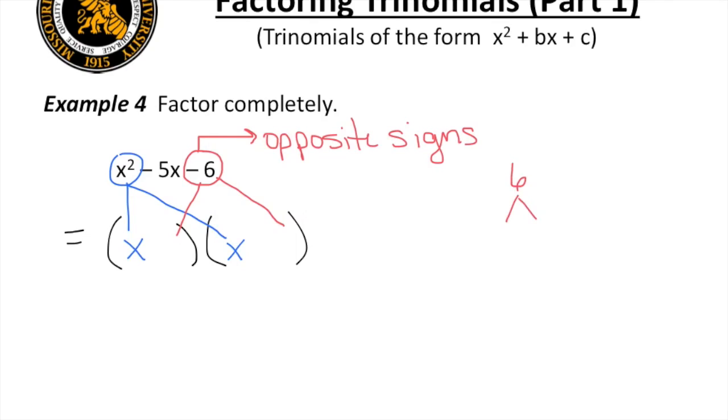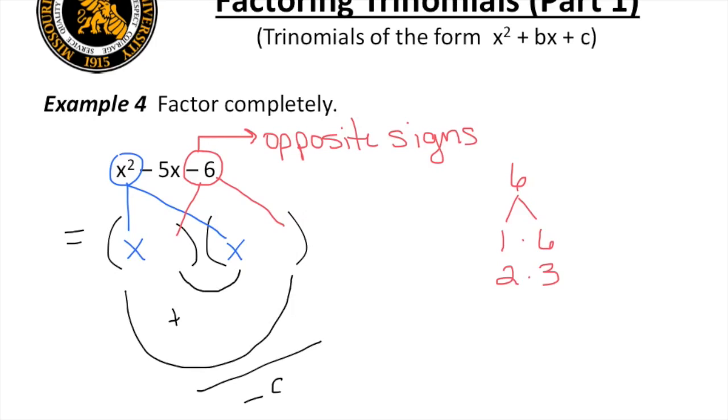There's only two such pairs, 1 times 6 and 2 times 3. Keeping in mind that these two numbers must be opposite in sign, and also keeping in mind that the inner product plus the outer product should equal the -5x that we need it to be, since that is the middle term.